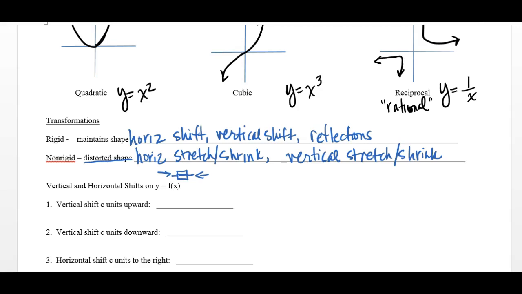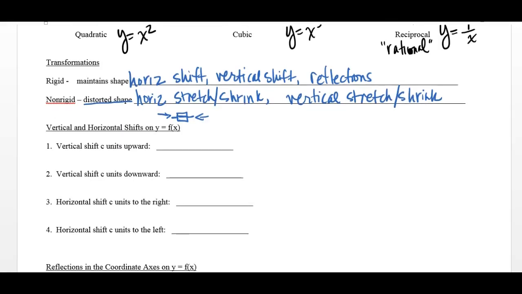Okay, now let's talk specifically rigid, vertical, and horizontal shifts on y equals f of x. Okay, f of x could be any of these shapes. Just don't get hung up on that. That could be any of those. So all these rules of thumb apply to any of these parent functions. So a vertical shift c units, now c is for constant, it can be any number that's added to the equation, okay?